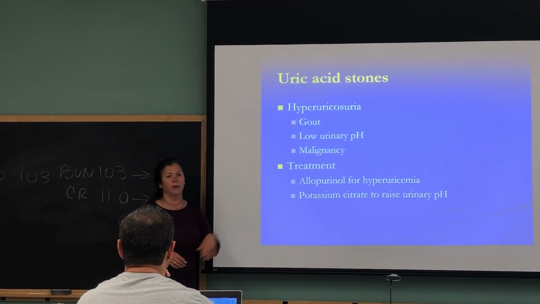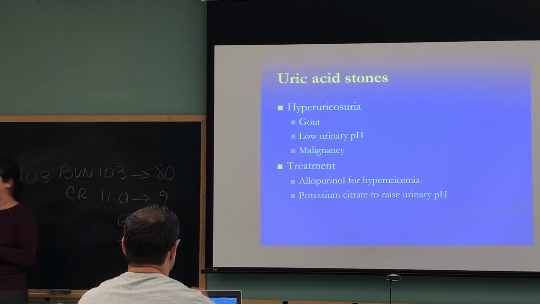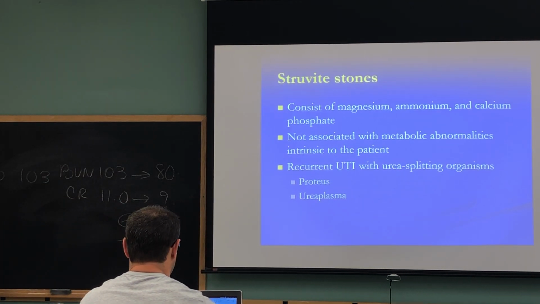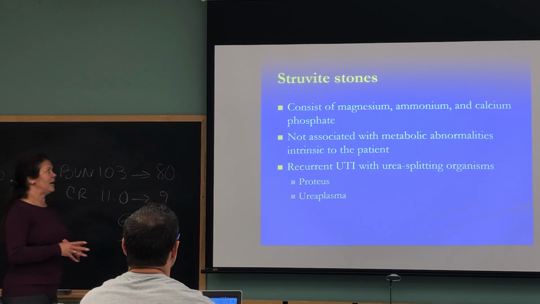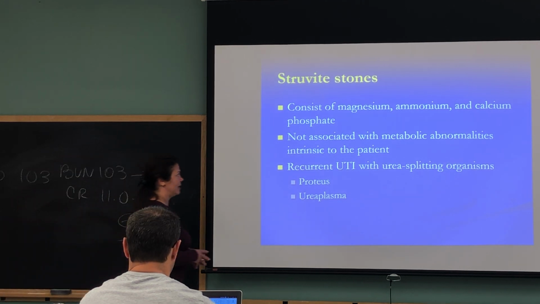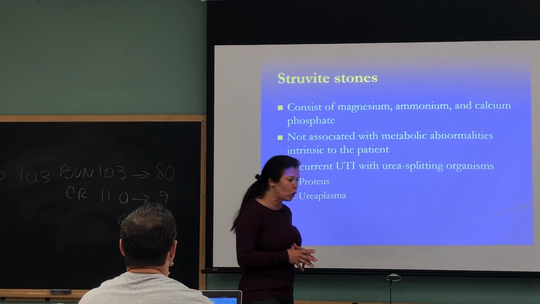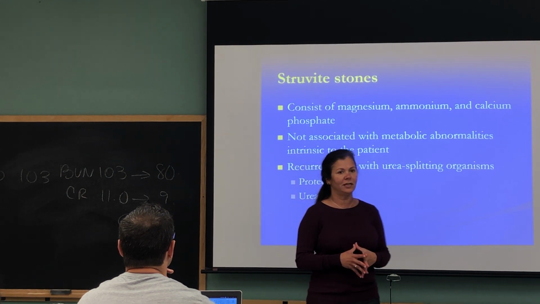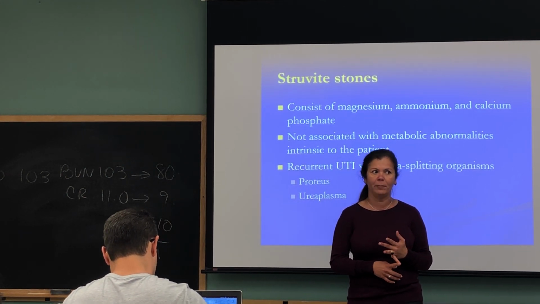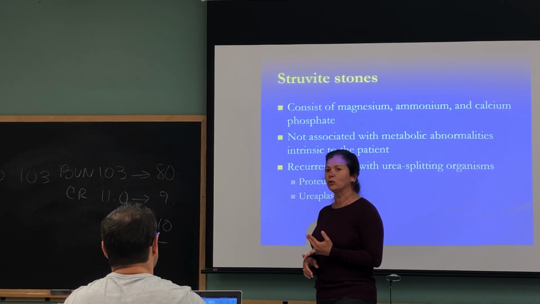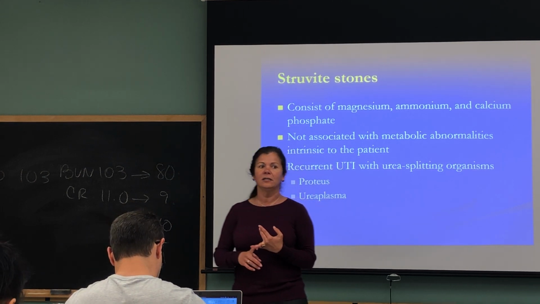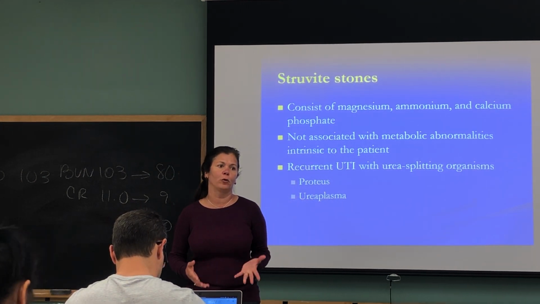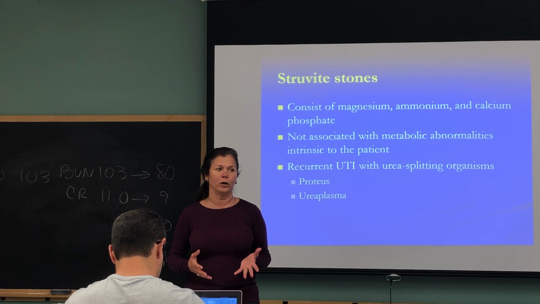We talked already about allopurinol and potassium citrate for the treatment. Now, there's another type of calculi that, as I told you, patients with recurrent UTI, they tend to have hypocitraturia, but in addition to that, patients with recurrent UTI tend to not have appropriate urine excreting byproducts.